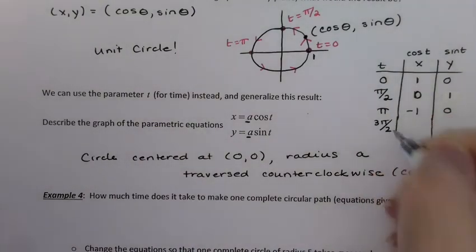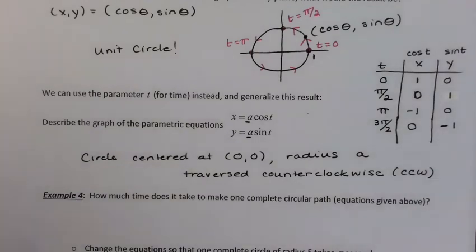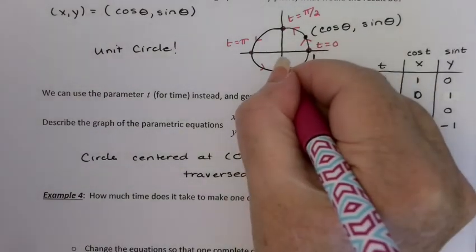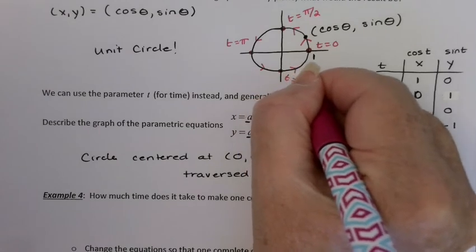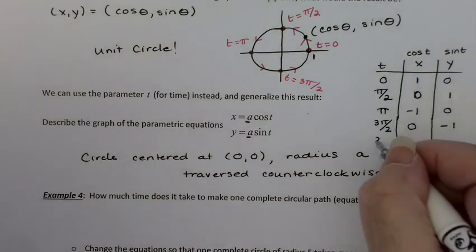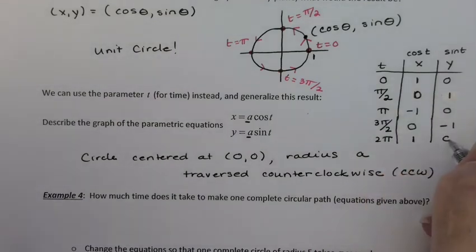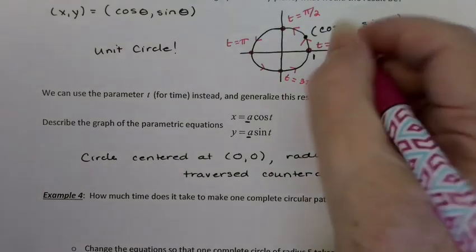If I go to 3 pi over 2, x, the cosine of 3 pi over 2 is 0, and the sine of 3 pi over 2 is -1. So there I am at t equals 3 pi over 2. And then when I get to 2 pi, cosine of 2 pi is 1, sine of 2 pi is 0. So I'm back here again.